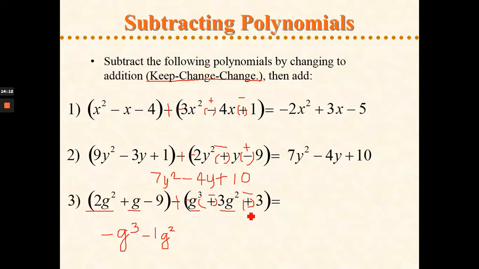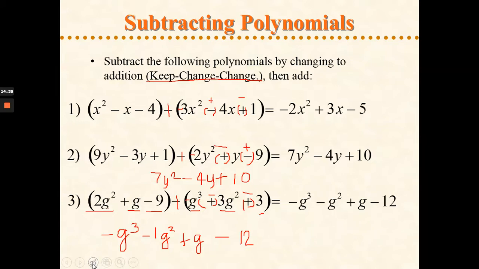Can we combine this with this one? No. So you have positive g. And then combine this, negative 9 plus negative 3, that is negative 12. So what is the answer? Negative g cubed minus g squared plus g minus 12.